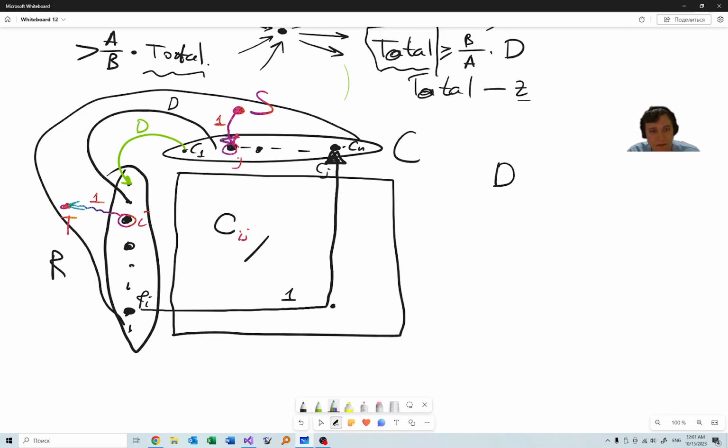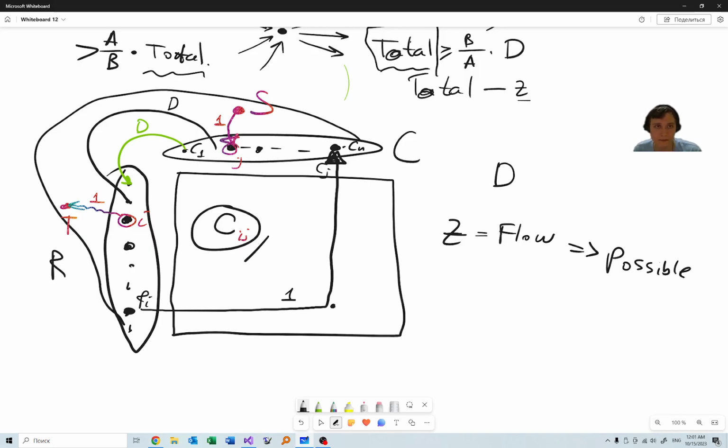After that, we just try to find the maximum flow. Okay. What I want to prove. So let Z be the number of C's in this matrix. I want to say that if Z equals the flow in this system, this means that it is possible to do if we ignore the A-B condition.